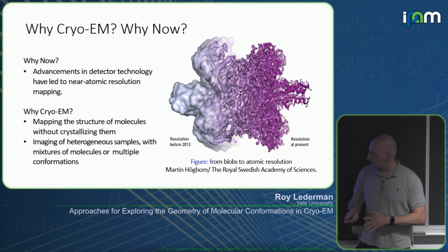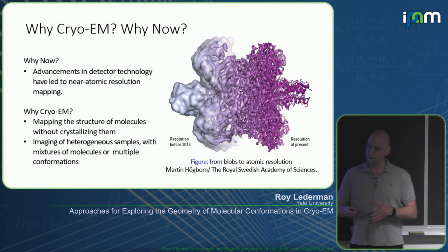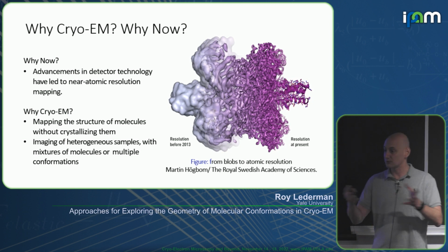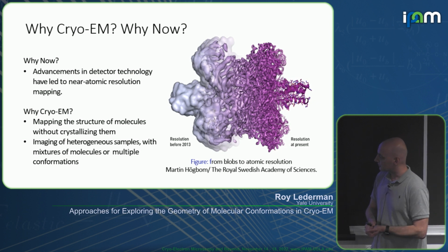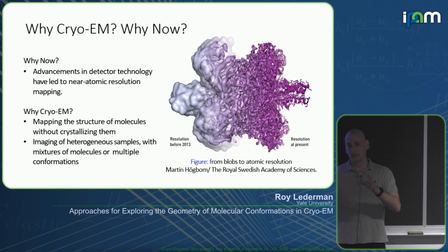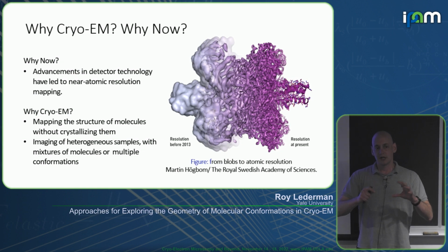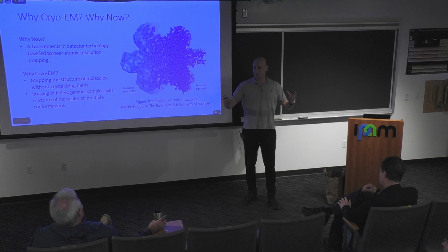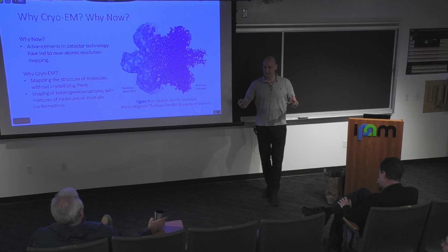One advantage of cryo-electron microscopy is that we don't have to crystallize our molecules as we needed to do in X-ray crystallography. Another advantage is that we're really looking at individual molecules, individual particles, which means that we're not measuring an ensemble of particles like we do in X-ray crystallography or nuclear magnetic resonance.